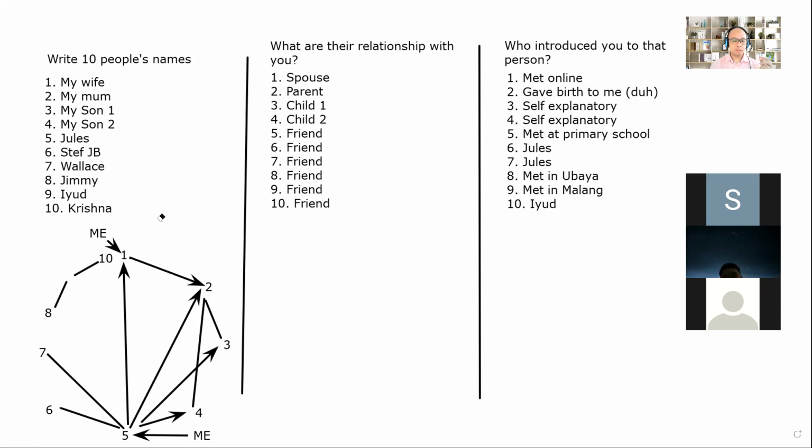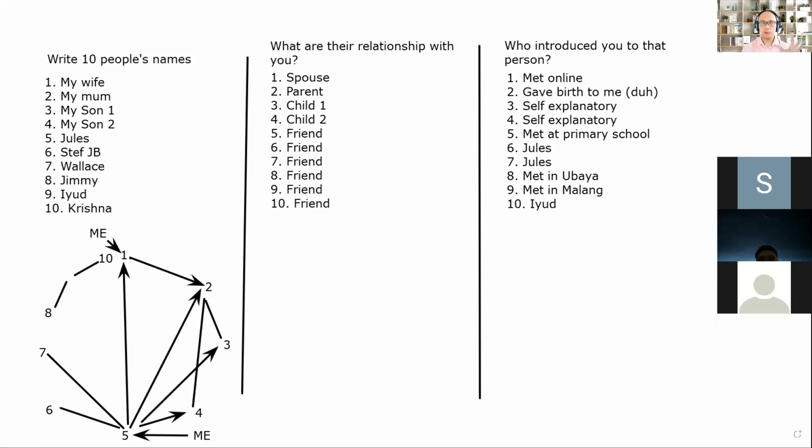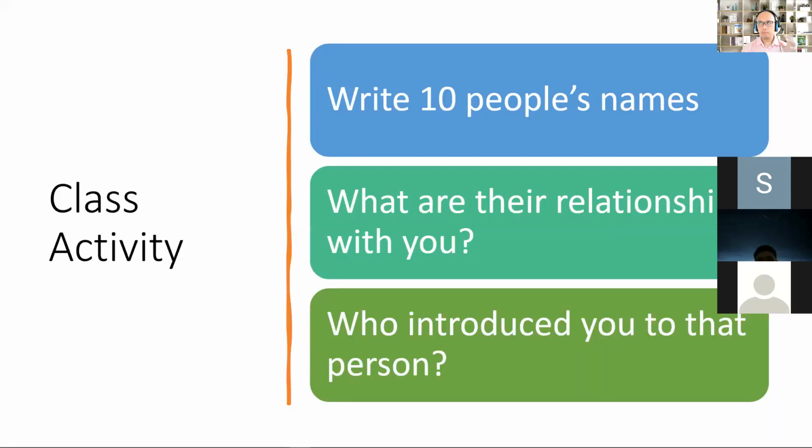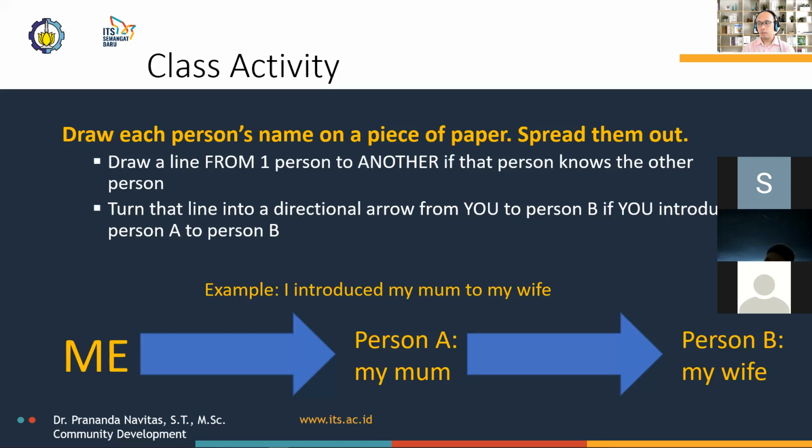I'm not sure if I did a good job, but I hope I helped illustrate the idea of a social network, and that was coming from your own social networks.